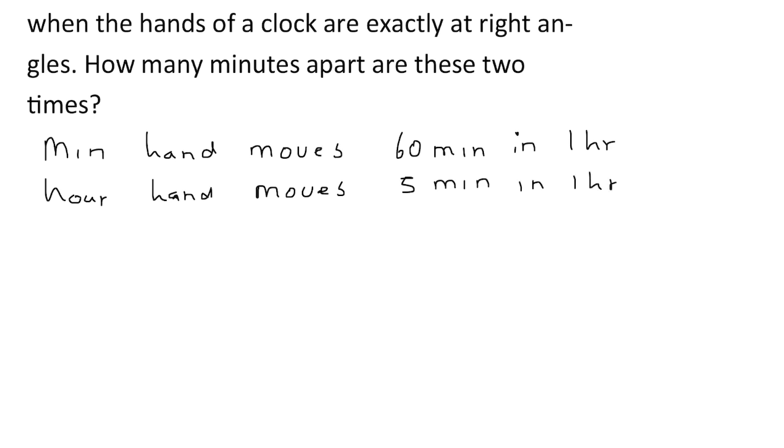Now it is clear that if the minute hand moves 60 minutes in 1 hour and the hour hand moves only 5 minutes, we can say therefore the minute hand is 60 over 5, which is equal to 12.